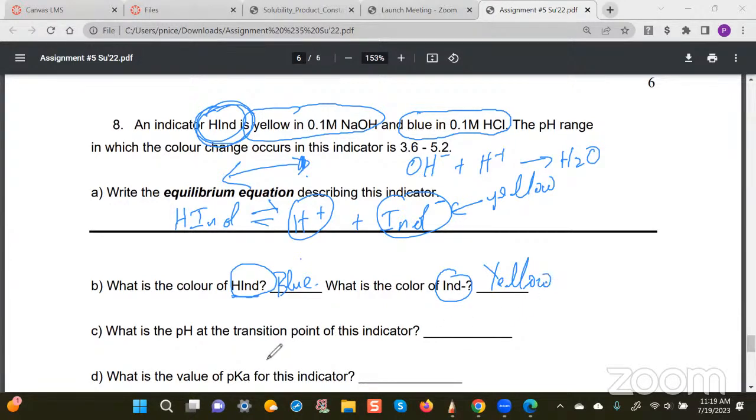All right? Now, the question is asking here in the C part, what is the pH at the transition point of this indicator? Now, they gave you the range here, 3.6 to 5.2. So what would you say is the pH at the transition point? Anybody?